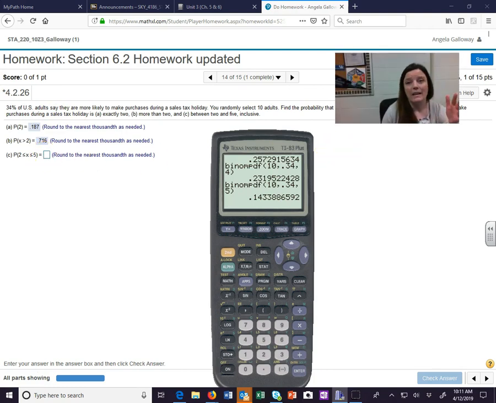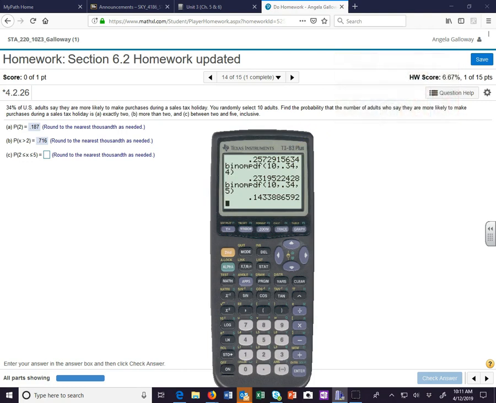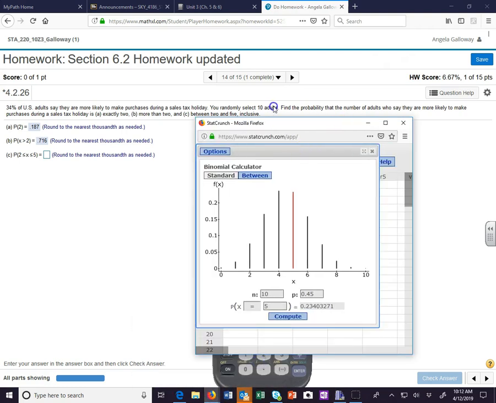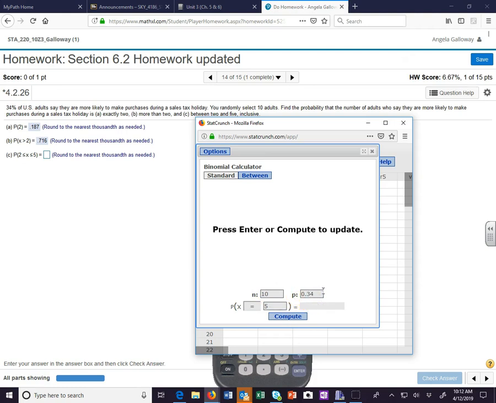But actually, in one like this, it would probably be better to use StatCrunch because of the way it's asked. StatCrunch actually makes it a little easier to calculate some of these. So if we go back to our StatCrunch, let me see if I still have it up. Yeah, there it is. Up here we had it set on the standard, with 10 and 0.34.